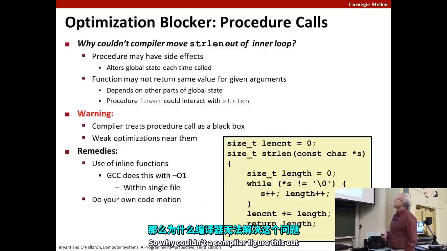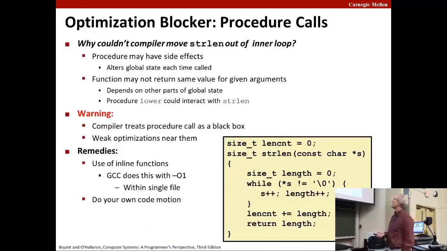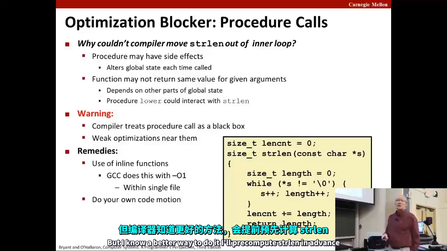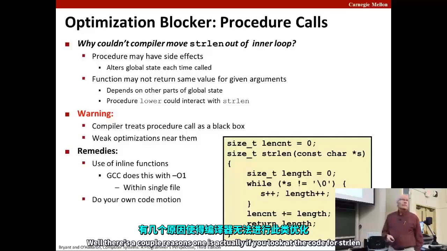So why couldn't a smart compiler look at the original code and say, this is what the programmer wrote, but I know a better way to do it, I'll pre-compute strlen in advance? Well, there's a couple of reasons.